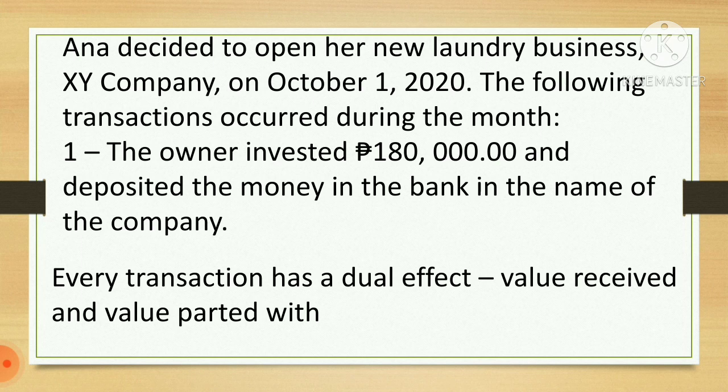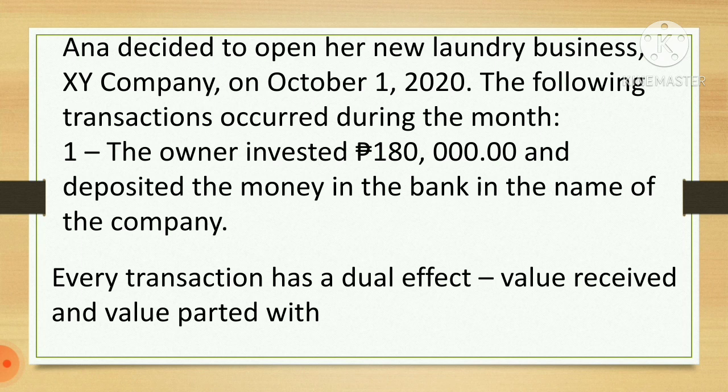Always remember that. Also, to better understand the concept of debit and credit, because it's quite confusing, you have to remember value received and value parted with. What are these terms? When we say value received, that simply means whatever you receive. When we say value parted with, it's like what you have given up.